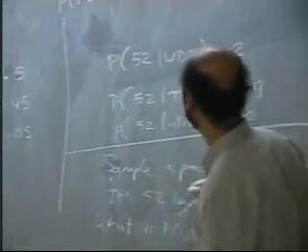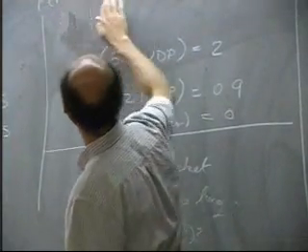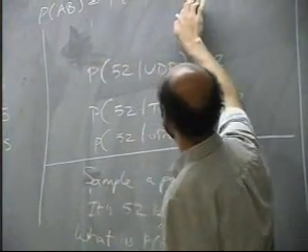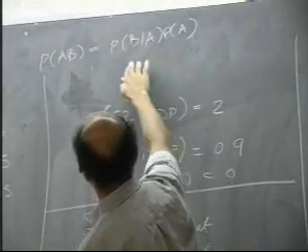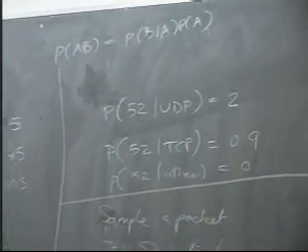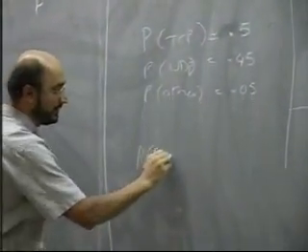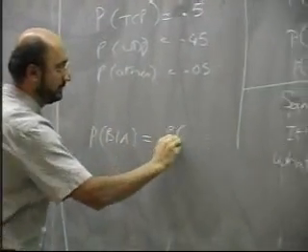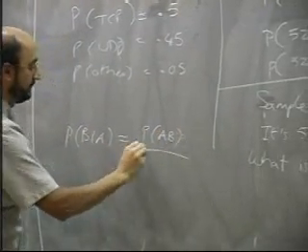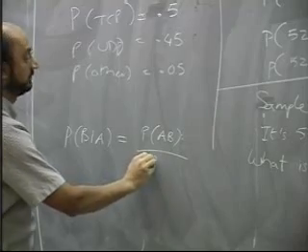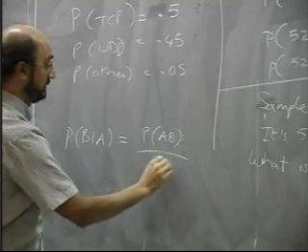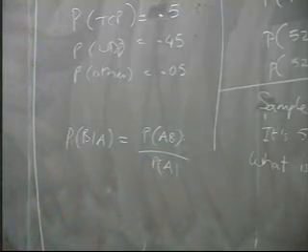What I'm saying over here is that we know that probability of AB is P B given A times P A, right? Basically because by the definition, I said that P B given A is defined to be P AB over P A, right? By the definition that I showed earlier.